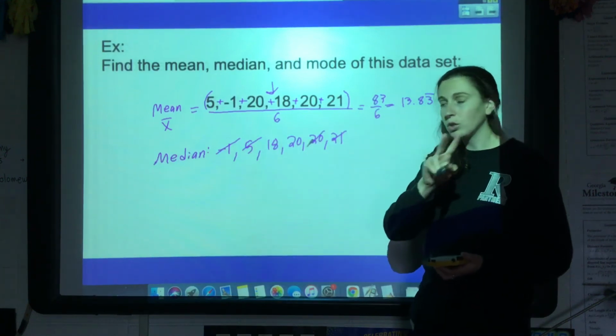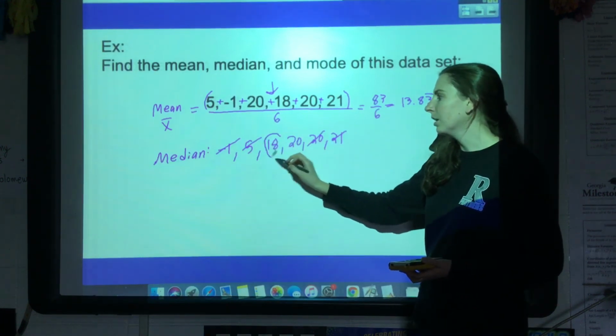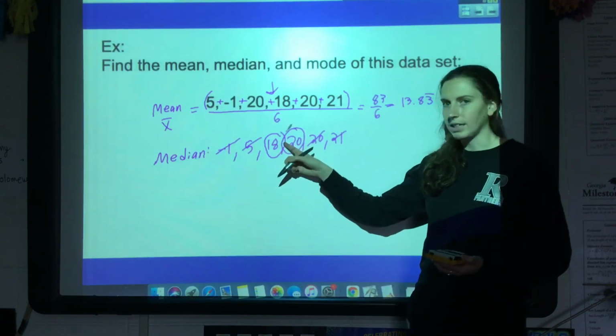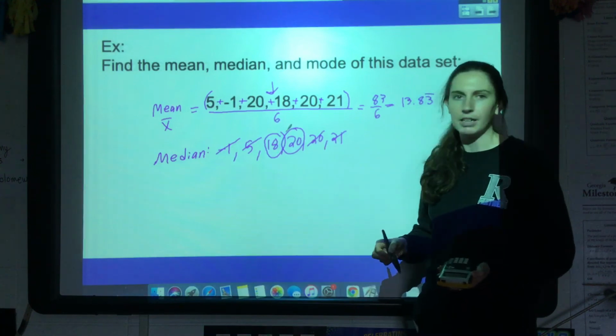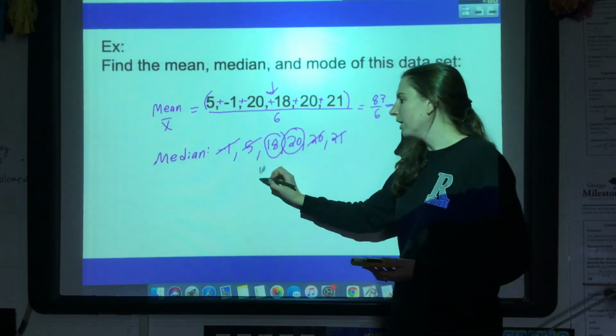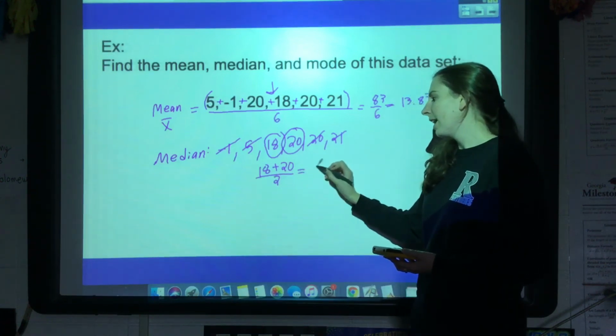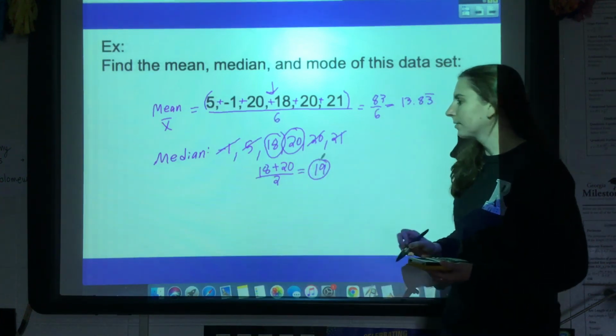In this case, we have 2 in the middle because it's an even number. Both of those are in the middle. It's pretty easy to see that in between those will be 19, so the median's 19. But if you're not sure, just average them. Add them up, divide by 2 because there's 2 of them, and you would get 19 for the median.